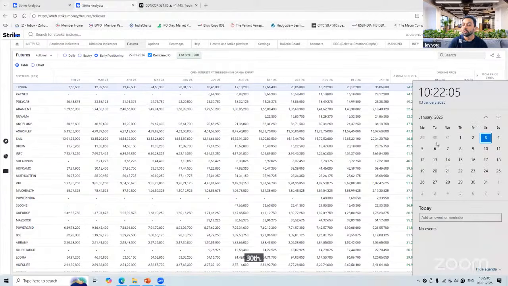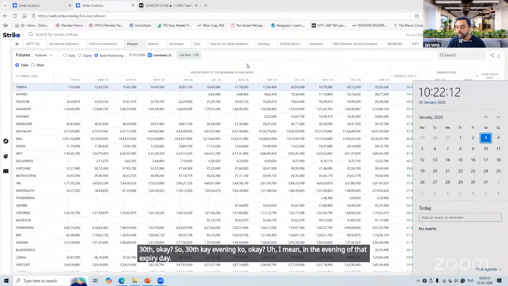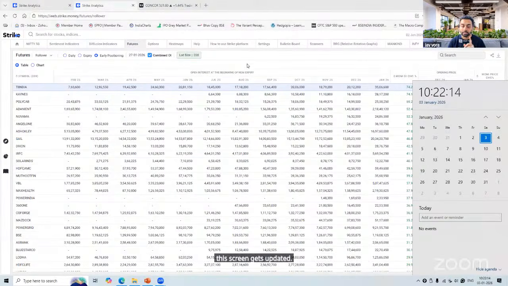In the evening of that expiry day, this screen gets updated. This screen gets updated only once in a month, at the end of expiry.